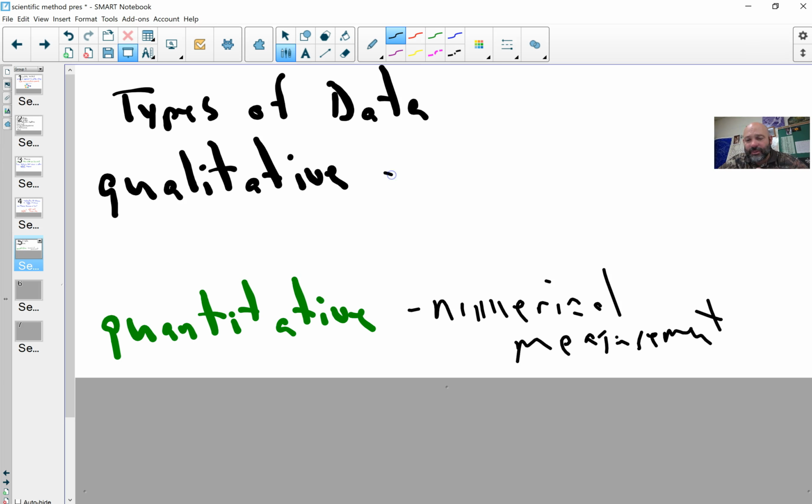Qualitative is just going to be a general term that doesn't involve a quantity. It's going to be something like color or shape, for example. Quantitative: mass, how many kilograms you have; temperature, what the actual temperature is. It has a number with it, it's quantitative. If it doesn't, it's qualitative.